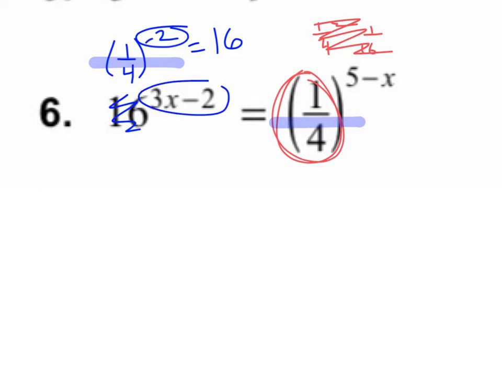What do we do with the two exponents? Multiply them. So this is negative 2 times 3x minus 2. Negative 2 times 3x is negative 6x, and negative 2 times negative 2 is positive 4. And what's that equal to? 5 minus x, the exponent on the other side.